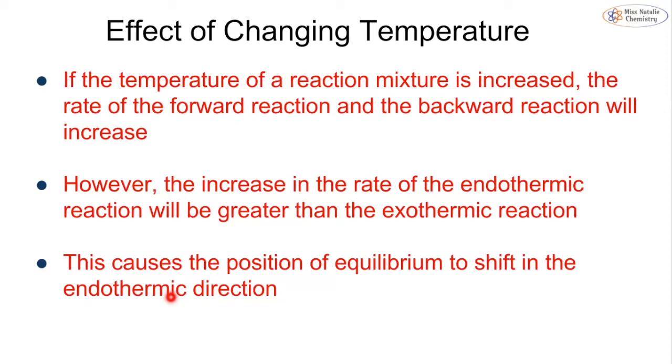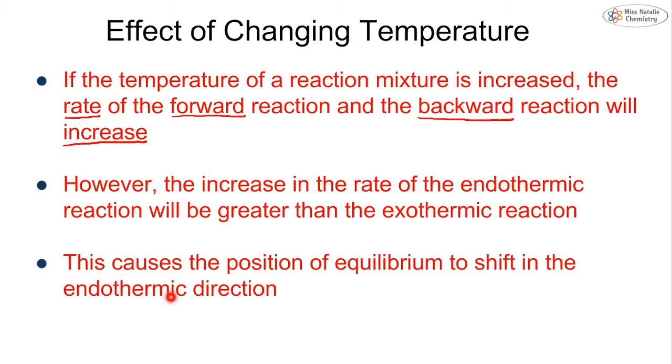Now, change in temperature is all linked to enthalpy changes. If you increase your temperature, you're going to have the rate of the forward reaction increasing, but you also have the rate of the backwards reaction increasing. So both of them are going to see an increase in their rate.